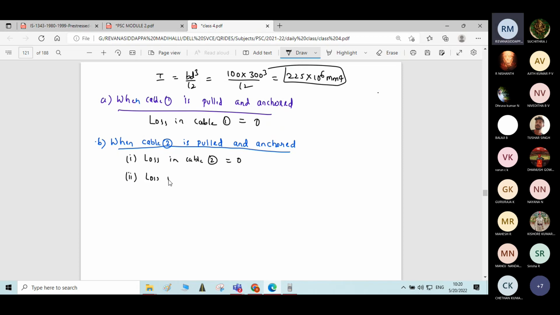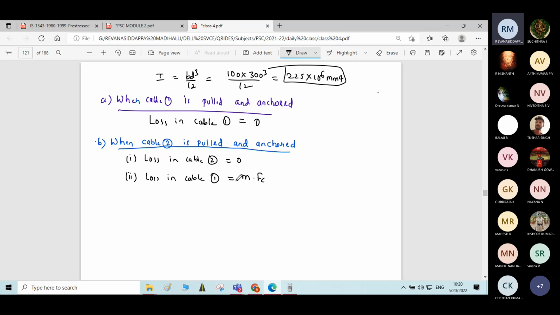Loss in cable 1 will be equal to m into fc. This is the loss due to elastic shortening formula. When cable 2 is stretched and anchored, already there will be existence of cable 1. Because of pulling and releasing of cable 2, there will be effect in cable 1.